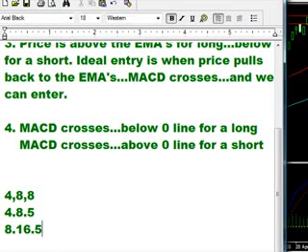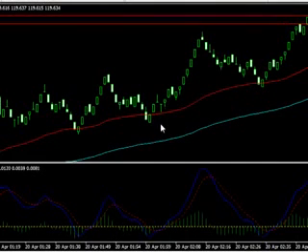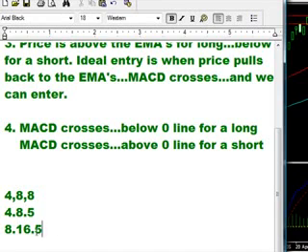So, which one to use? I don't want to just say take your pick, but one will give you a little earlier signal, and what we were talking about is maybe stacking a couple of MACDs and having an 8-16-5 and a 4-8-8, and when they both line up, then enter. But just to give you an idea, those are the settings you can use, and they all work pretty well. So, give those a whirl.